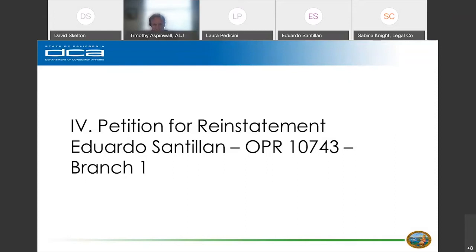Documentation of petitioner's branch 1 pre-operator course completion certificates, which were completed on May 7th, 2020 and May 10th, 2020. Letter from the board staff congratulating petitioner for passing the branch 1 operator exam on August 24th, 2020.